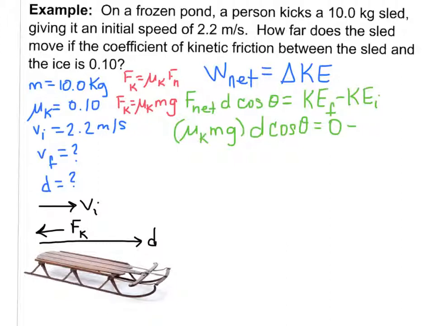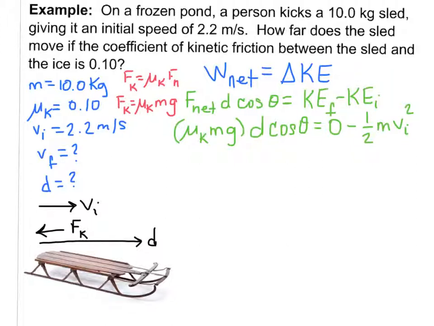And my initial kinetic energy is simply 1/2 m v initial squared, because that's the initial velocity. It's my initial kinetic energy. So I can substitute this in for the initial kinetic energy.